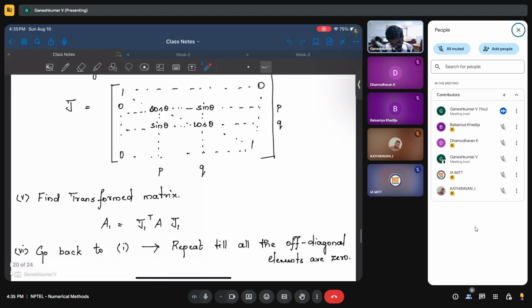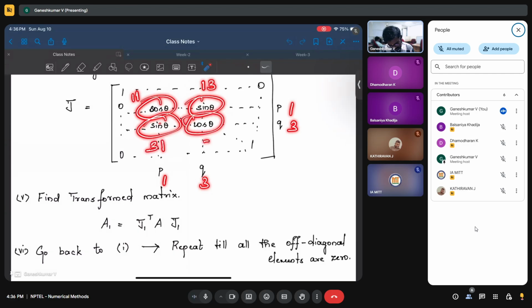So this has to be at first row, at 1 comma 1, and this has to be at 1 comma 3. So this is 1, this is 3, and this is 1, and this is 3, right? 1 3 1 3. So this becomes 1 1, this becomes 1 3, this becomes 3 1, and this becomes 3 3.